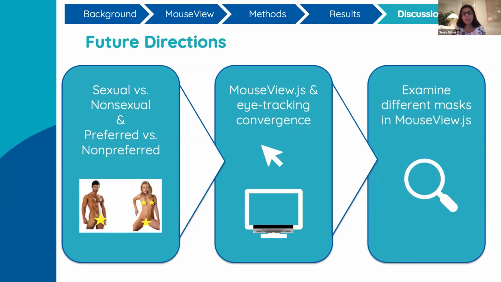And we also wanted to examine different masks in MouseView. So we want to use the blurred overlays that I showed earlier in the demo, but we also want to examine what the data might look like if we were to flash the images clearly for 1 second to participants before the blurred overlay, just to see if one iteration of MouseView is more closely matched with eye tracking data.